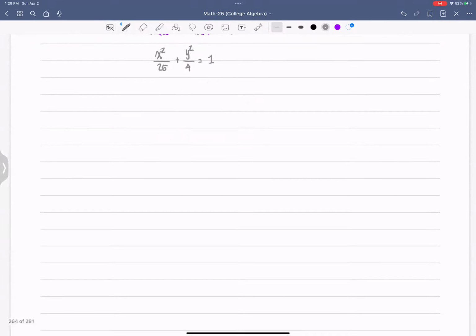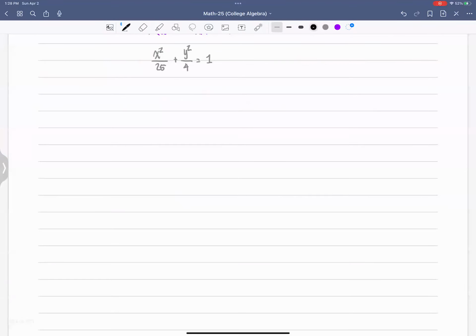From here, let's start graphing. I'd say we don't have to go that tall, but we do have to go a little wide.